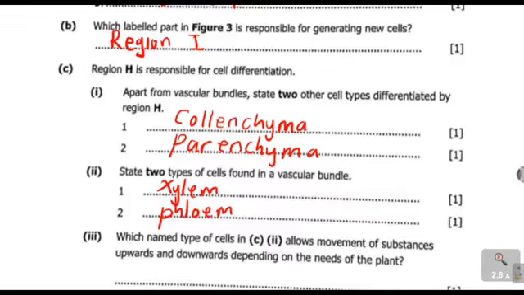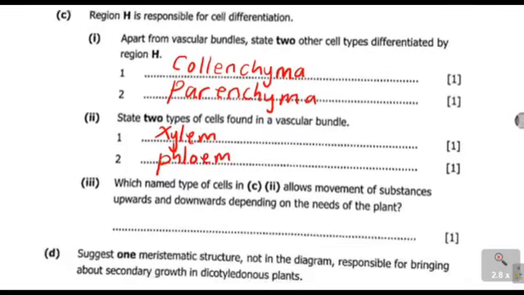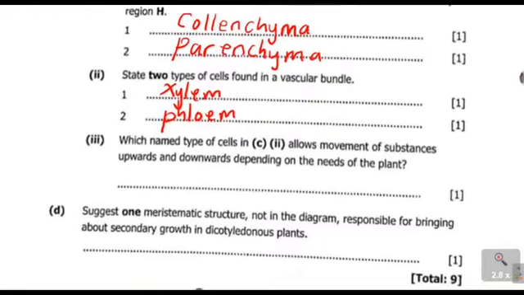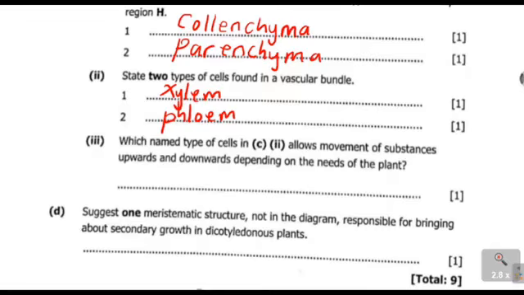We now come to question C3. The question reads, which named type of cells in C2 above allows movement of substances upwards and downwards depending on the needs of the plant? On C2 we have said we have xylem and phloem, the two types of cells found in the vascular bundle.